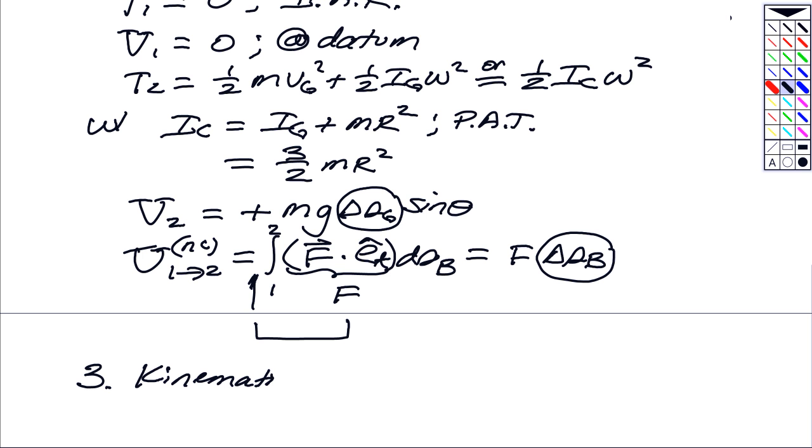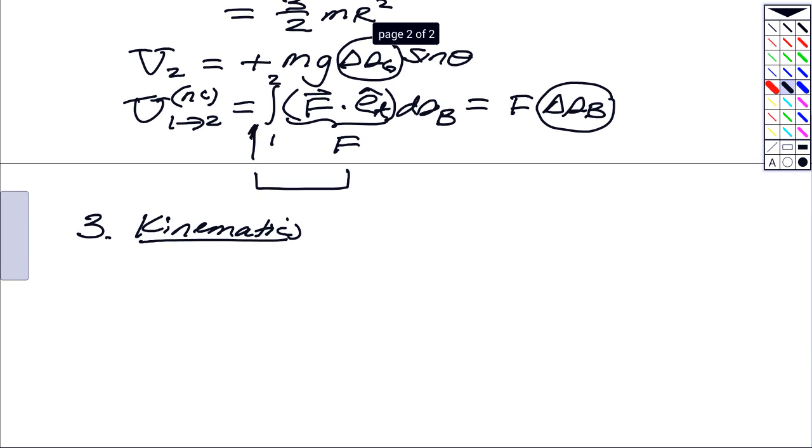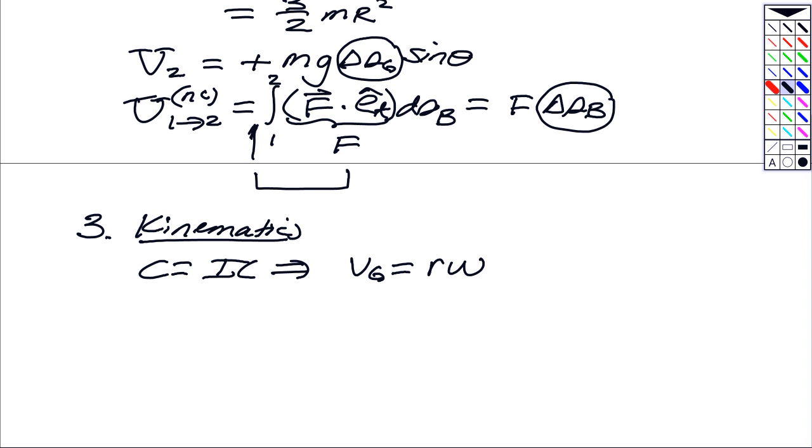The kinematics are really based on the fact that C is the instant center. It doesn't slip. So what that says is that the speed of G is going to be equal to r omega. That makes sense. The distance from C to G is r, and we know that the speed of any point is the distance back to the instant center times the omega.